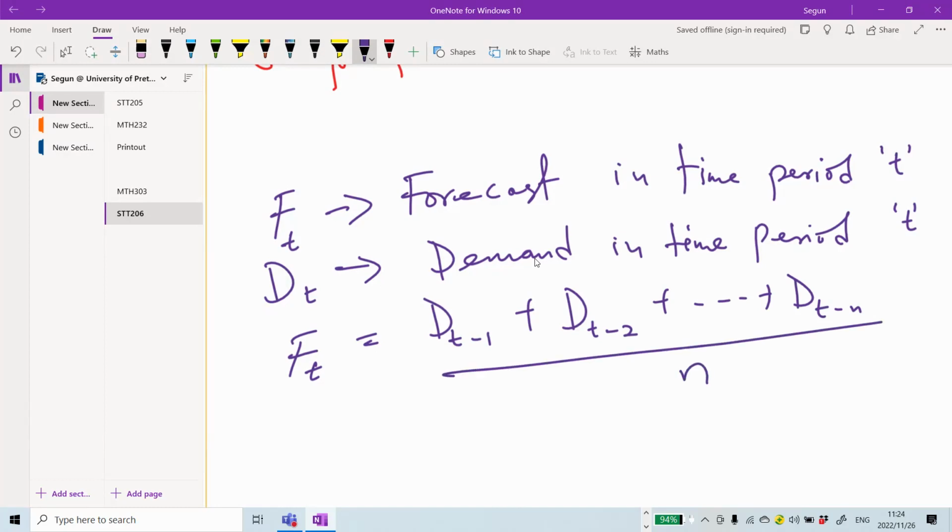That is, when you add all your months together, divided by the number we are dealing with.